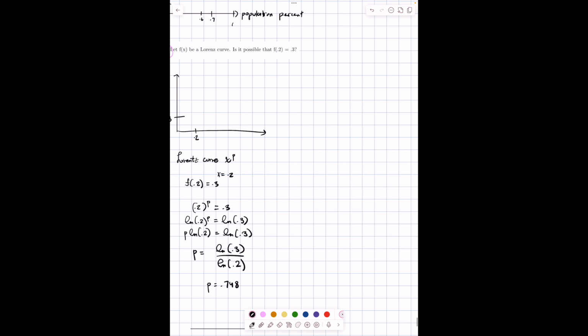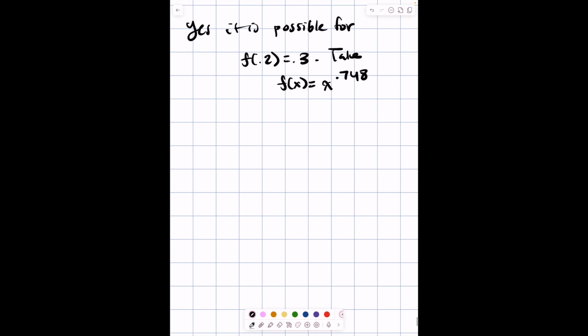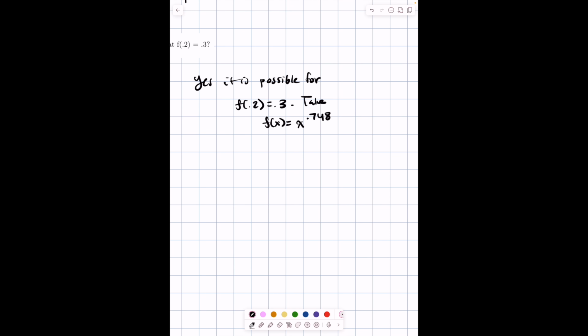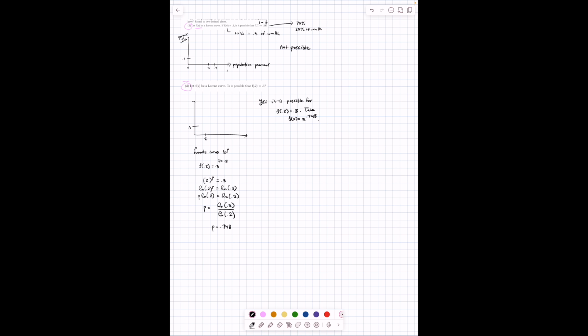And so we can say, yes, it is possible for f of 0.2 to equal 0.3, taking f of x equal to x to the power of 0.748. If we take that, then when I plug in 0.2, I'll get out 0.3. And so that is the answer for number three.